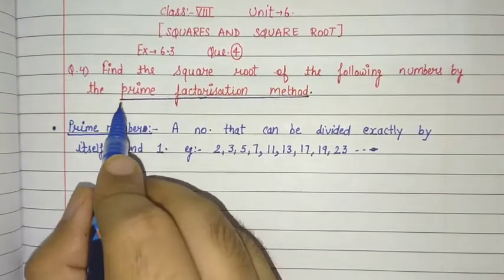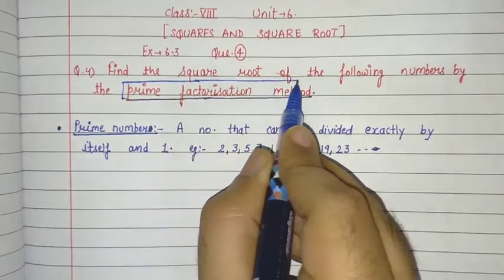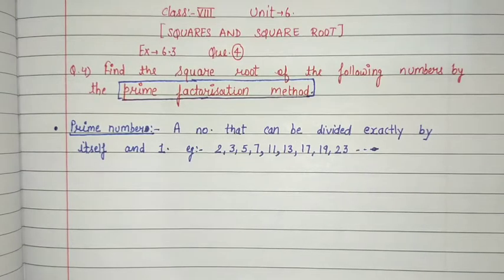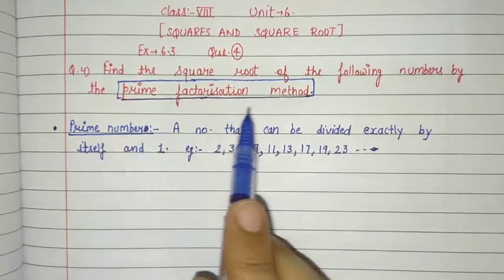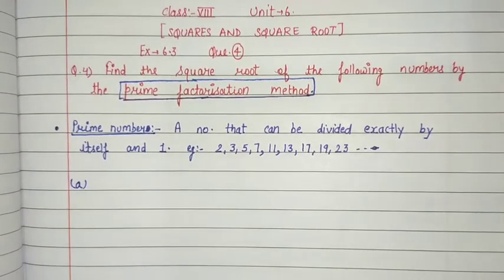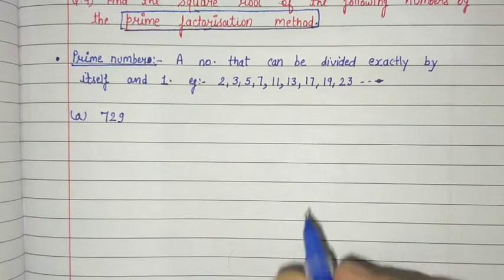So now the method is prime factorization. In the third question we studied how to find the square root with the repeated subtraction method. So this is the prime factorization. First part is 729.